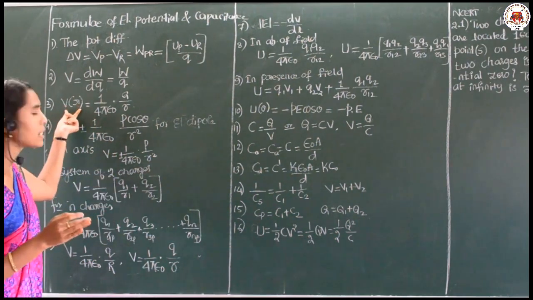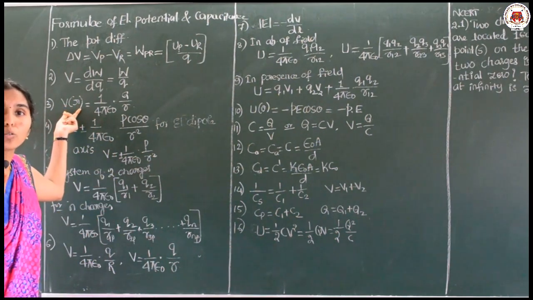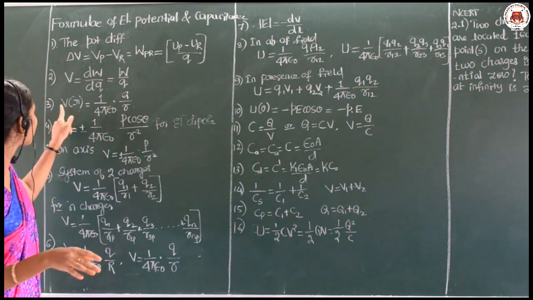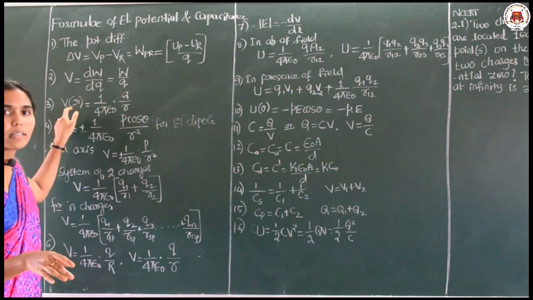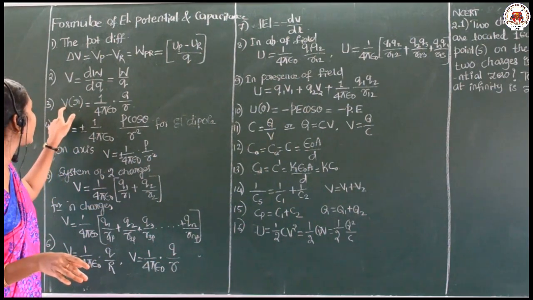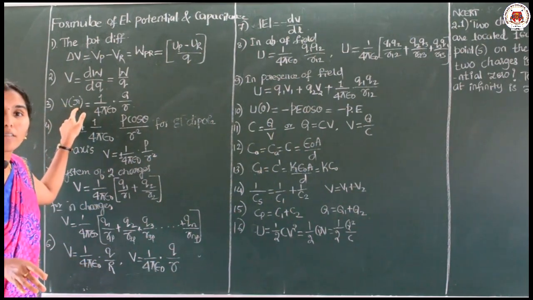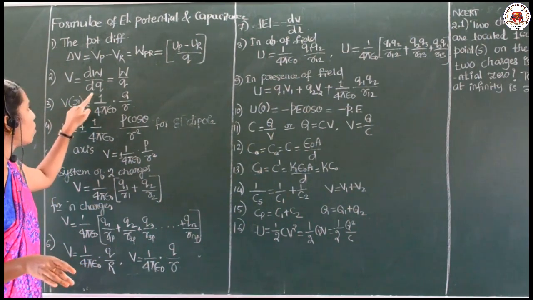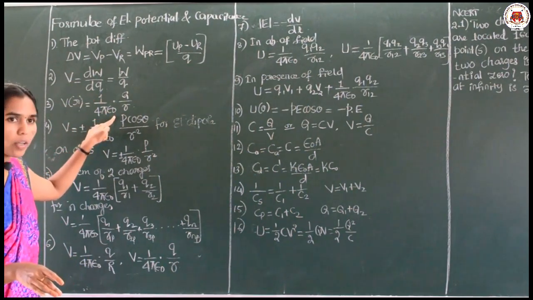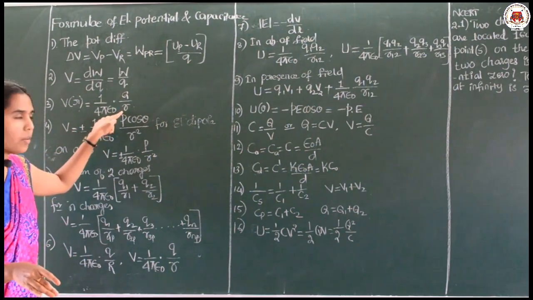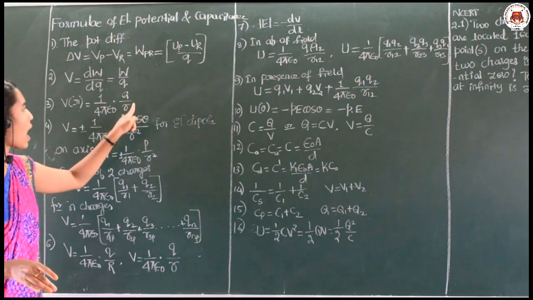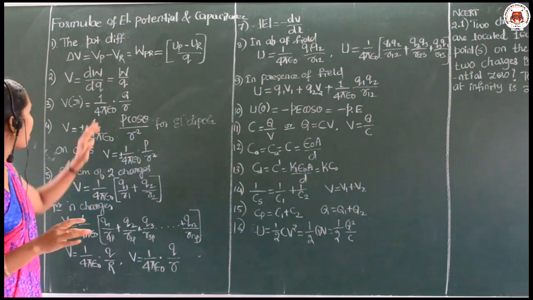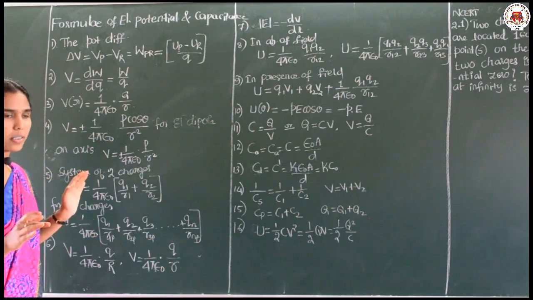So V of R, what does it mean? It means V depends on the R value, that is equal to 1 upon 4 pi epsilon naught Q upon R, where Q is the charge, R is the distance, and this is a constant, right?